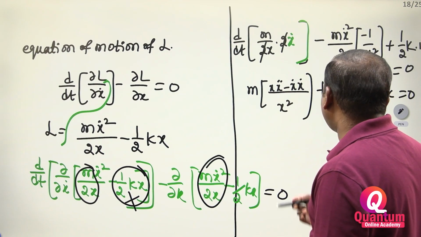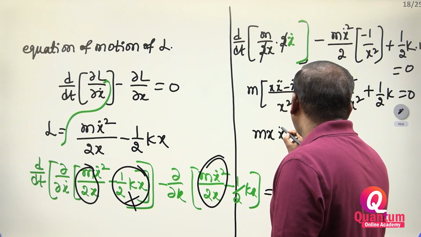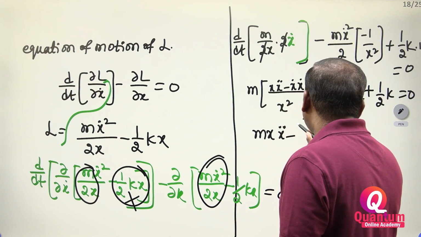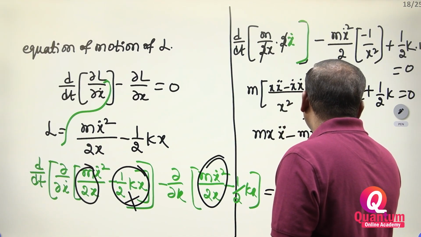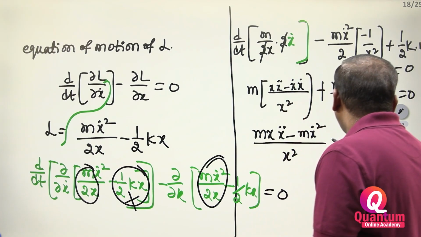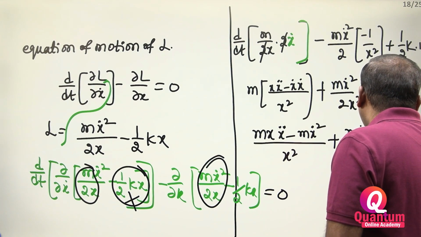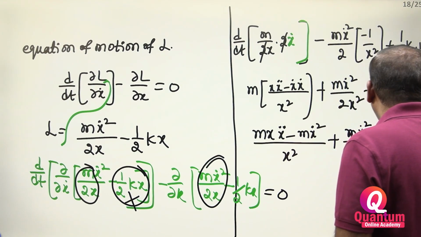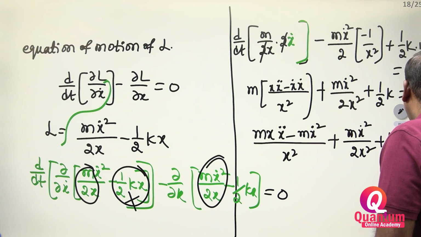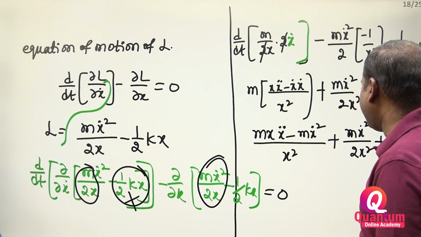Now you have to multiply here m x into x double dot minus m x dot square divided by x square plus m x dot square divided by 2x square plus 1 by 2 k is equal to 0. Next you have to simplify here.